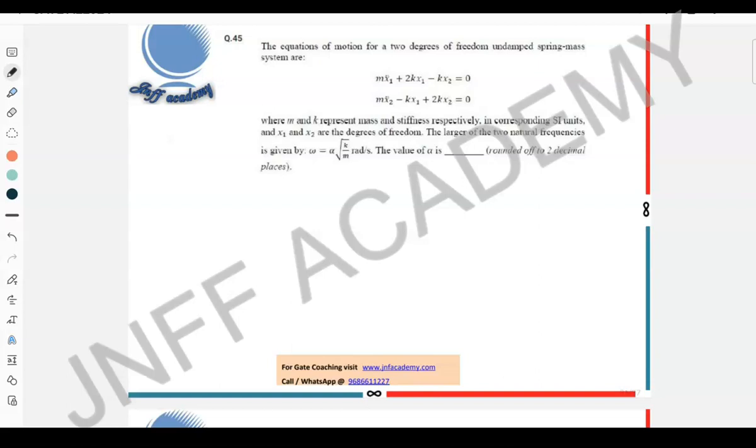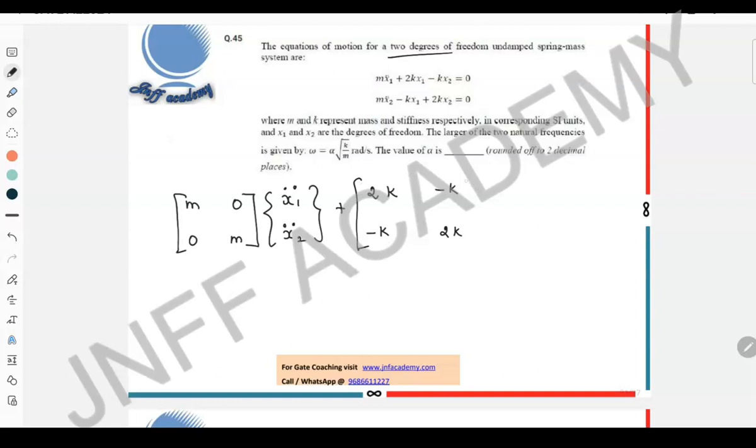Okay, so this is a 2 degree of freedom system. Actually, we have to write this in matrix form like this: m 0 0 m times x1 double dot, x2 double dot, plus the stiffness matrix 2k, minus k, minus k, 2k, times x1, x2, is equal to 0, 0.